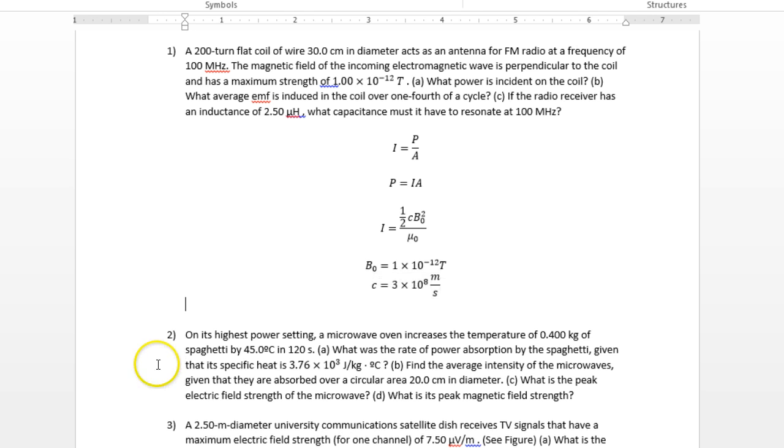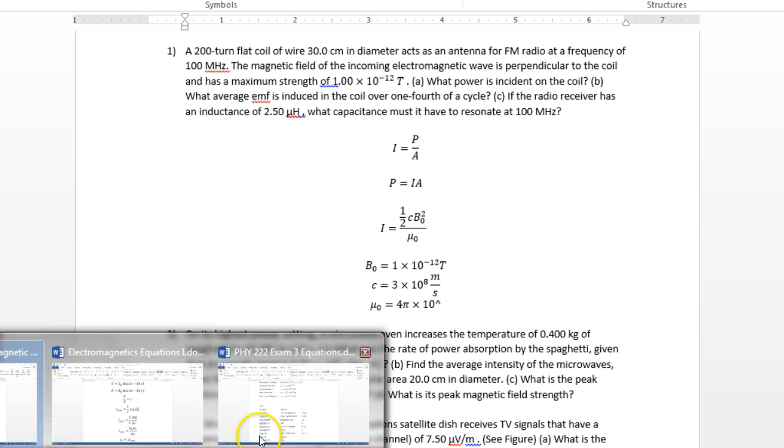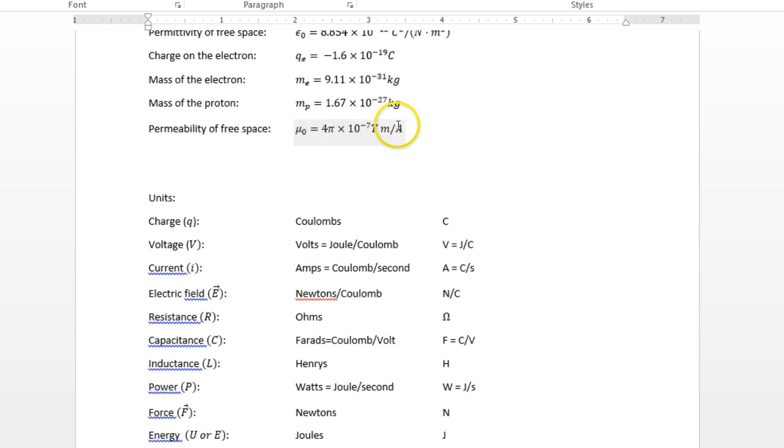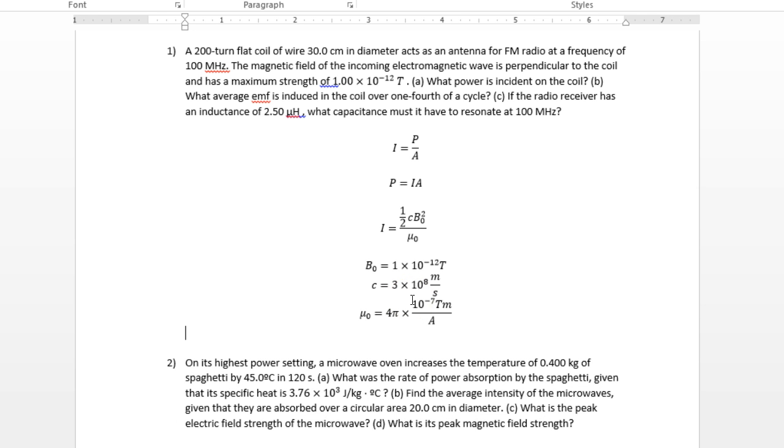And mu naught equals 4 pi times 10 to the minus 7th Tesla meters per amp.